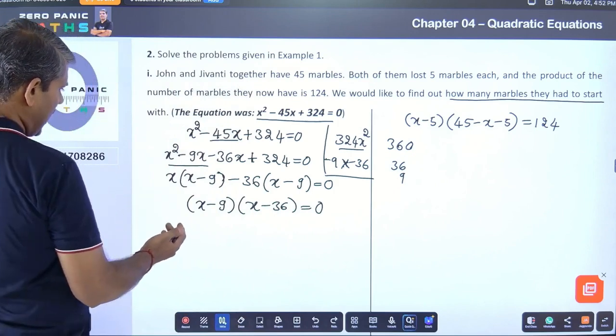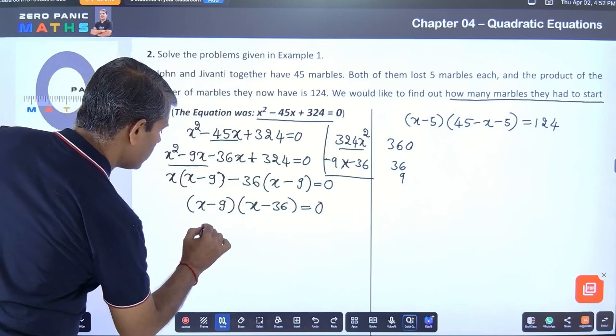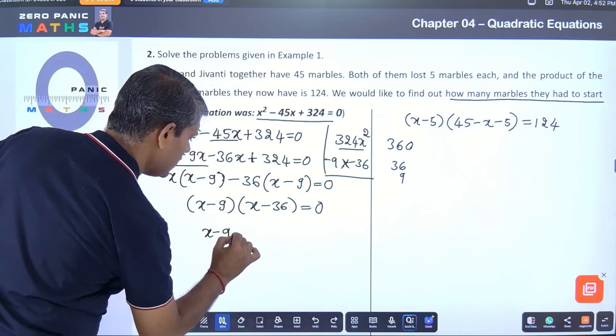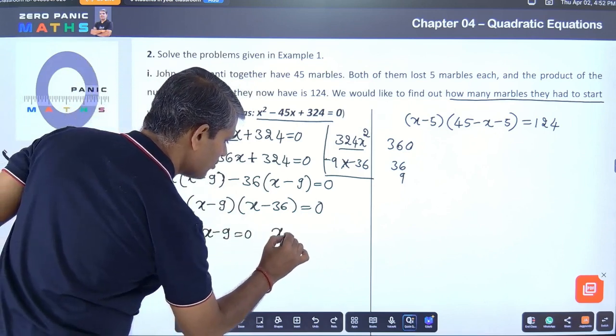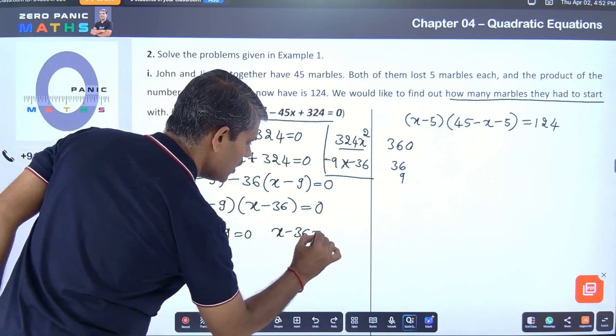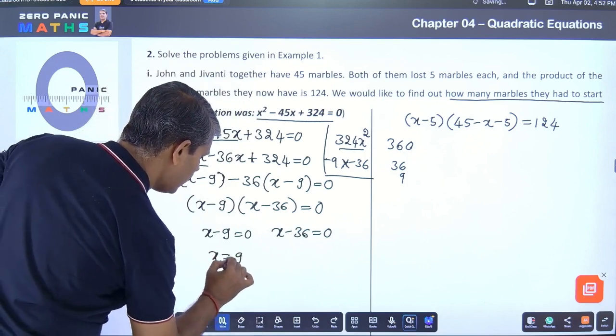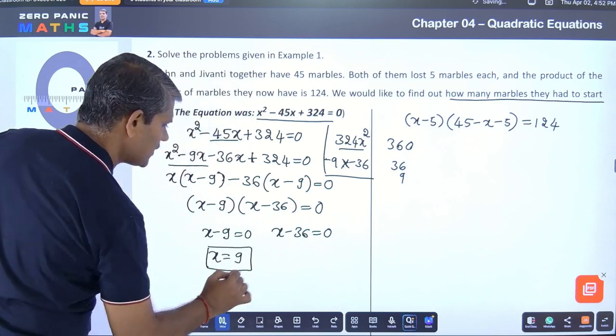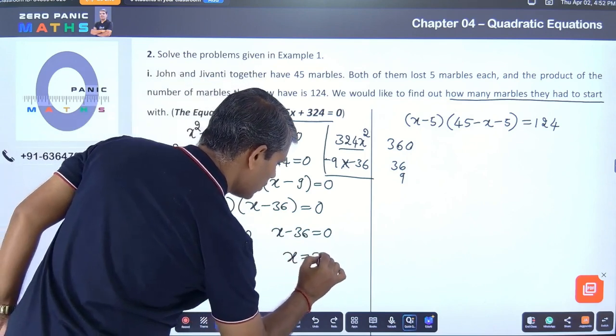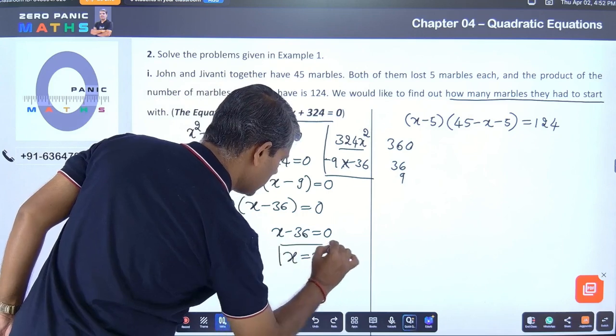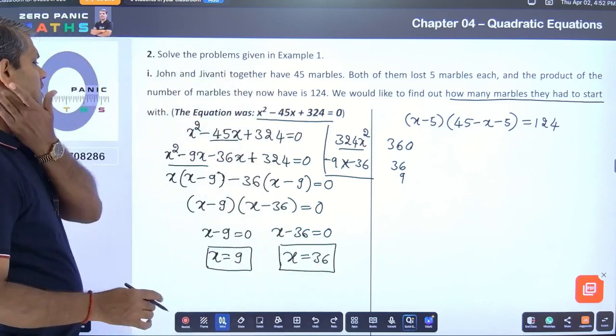So what are the values we are going to get? x minus 9 is equal to 0 and x minus 36 is equal to 0. So x is equal to 9 and x is equal to 36 will satisfy the given situation.